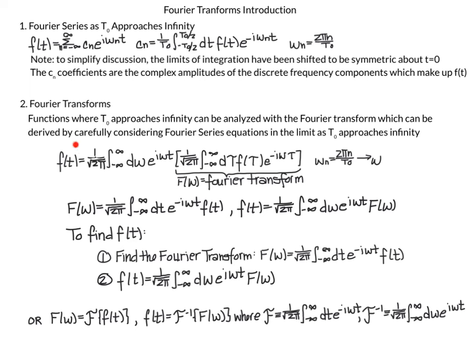So this representation of f of t breaks down into two steps. First, we find the Fourier transform using this first formula, and then we find f of t using this second formula.